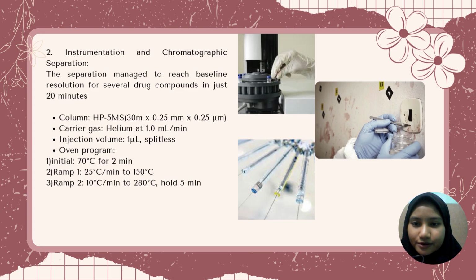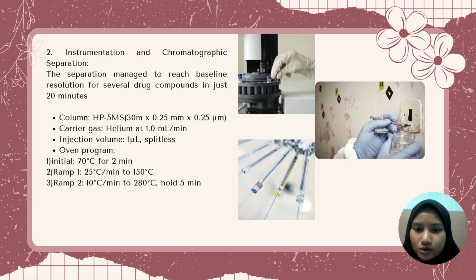Next is the instrumentation and chromatographic separation. The separation managed to reach baseline resolution for several drug compounds in just 20 minutes. The column is an HP-5MS, 30 meters by 0.25 millimeters by 0.25 micrometers, and the carrier gas is helium at 1.0 mL/min.